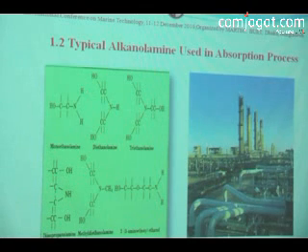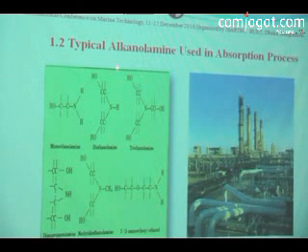Normally we use aliphatic alkanolamines, but researchers have never used aromatic alkanolamines, which have good absorption capacity. So in the future we should use these solvents to reduce the degradation products induced by organic or inorganic acids.